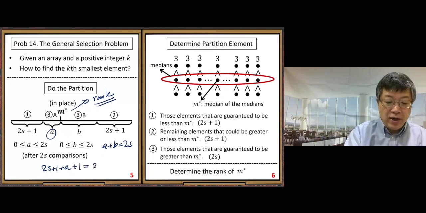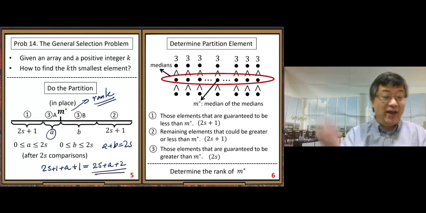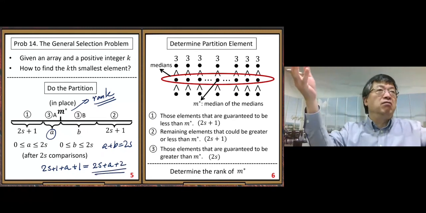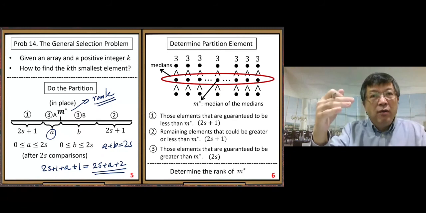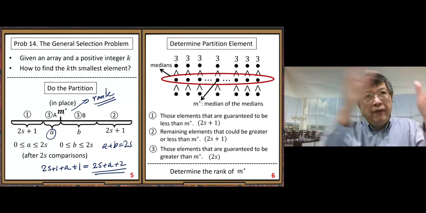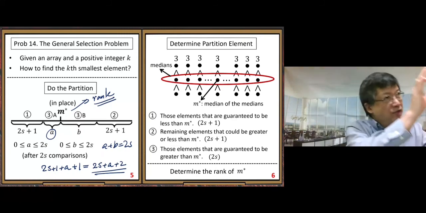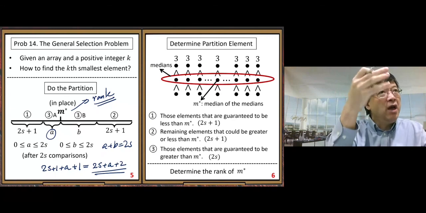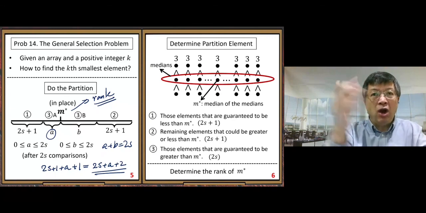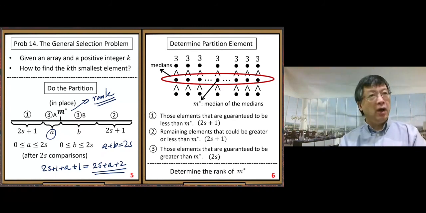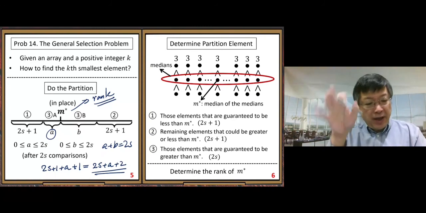So we can write 2s plus a plus 2. That is the rank number of M star. With this information, we are ready to drop one of the two subarrays, left subarray or right subarray. This time we need to use the k value to help us determine which subarray should be dropped. We will get that part in the next slide.